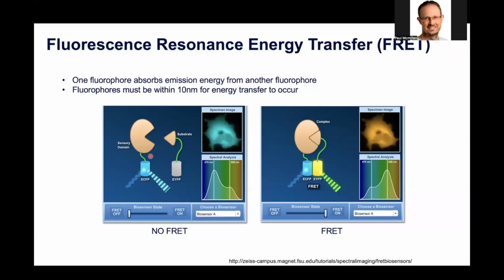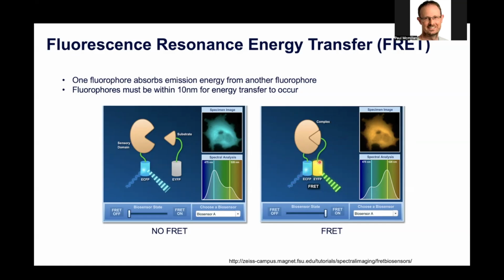So when there is no interaction, if we excite the CFP molecule, we can see the CFP molecule emitting. That's up here at 475 nanometers. When these two molecules interact, that's going to bring the two fluorescent proteins together. They need to be very close, so within 10 nanometers of each other for the energy transfer to occur.